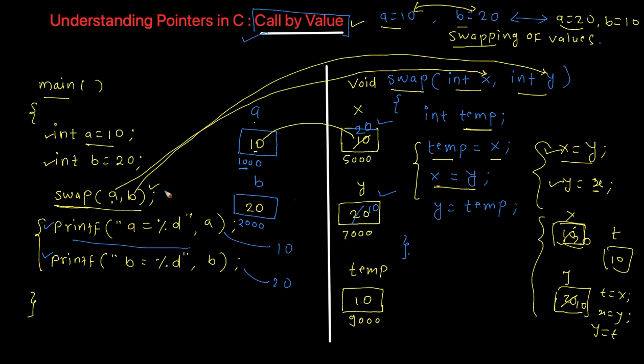Now what did we give to swap? We gave the values of a and b, right? And that created the Xerox copies and made changes to the Xerox copies, right? So C is by default call by value. That means whenever you call a function in C, by default the values of the variables will be passed.